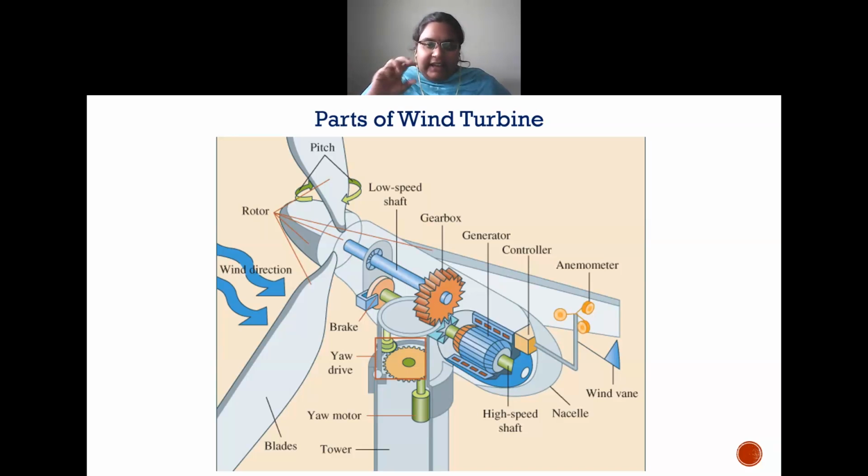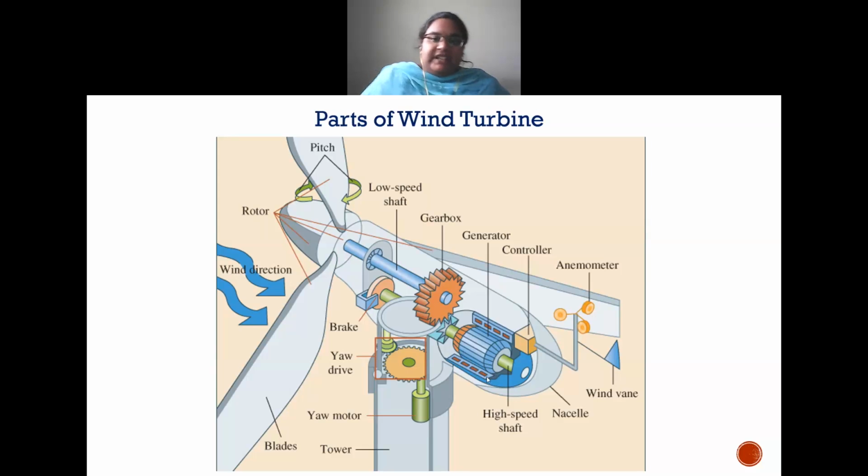When the seconds gear rotates 60 times, only then the minutes gear will start rotating, right? In the same manner, for 60 rotations of the minute gear, you will see a single rotation of the hour gear. In the same manner, we are going to put a gearbox here, which will convert our low speed, which is being generated by the wind energy, into a high speed that we can feed to the generator.